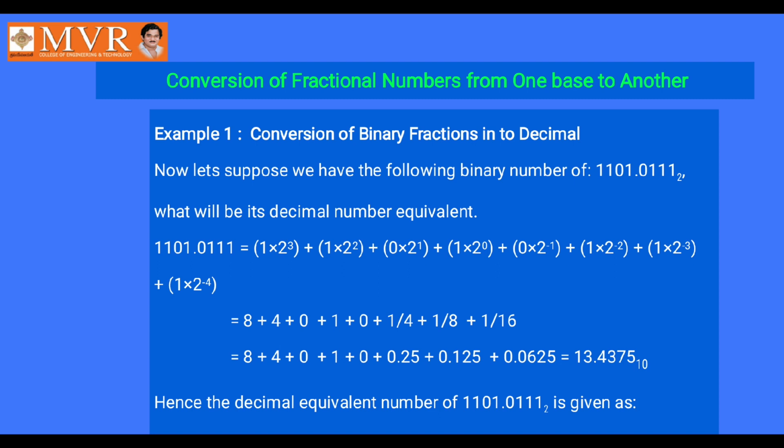Now fine. Till now we have discussed only the integer part of the given numbers. Don't we have fractional numbers in a computer system? Yes, definitely we will have fractional numbers. Then how to convert fractional numbers from one base to another? For that, I have given one small example here, which can later be considered for the remaining conversions also.